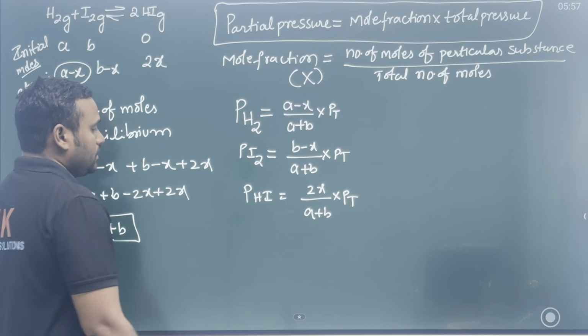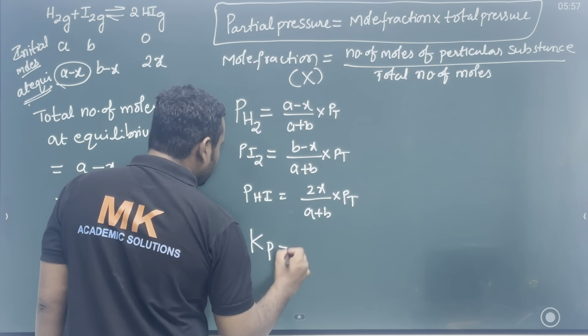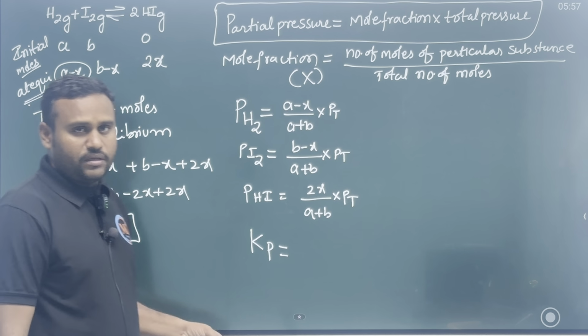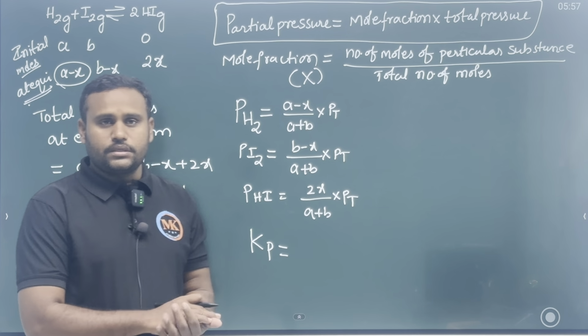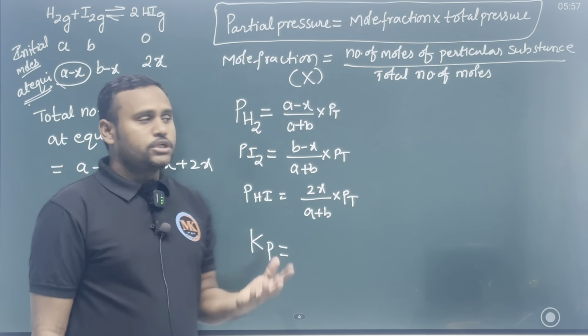So now let us write the Kp. What is the Kp expression here? Kp expression is the same as that of Kc, but instead of molar concentrations, we are going to take the partial pressures.